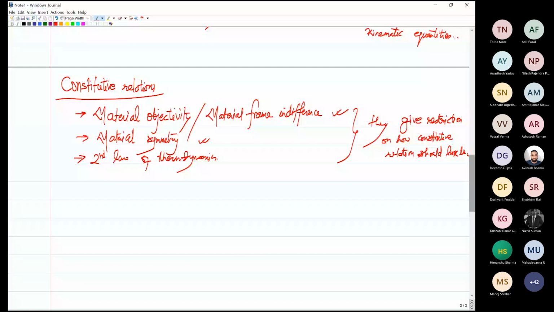But whatever formula it will be, it must satisfy these three properties. It must obey these three things, and that's going to put some restriction on that formula. Okay, so let's now discuss each of them one by one. The first is, of course, material objectivity or frame indifference.